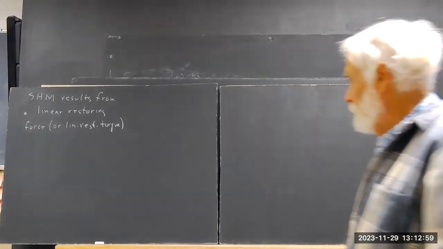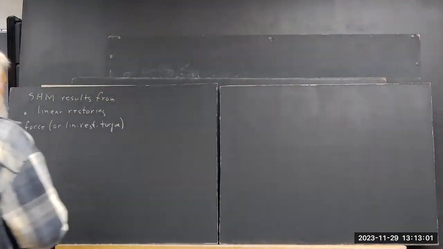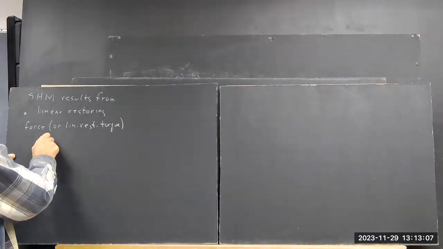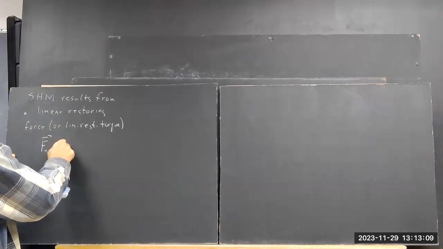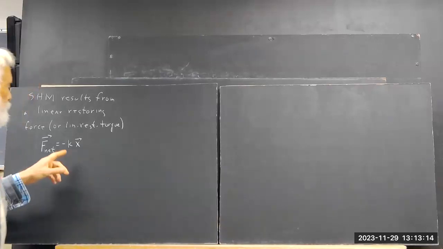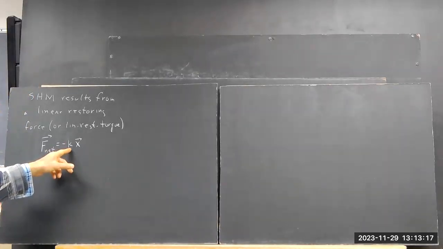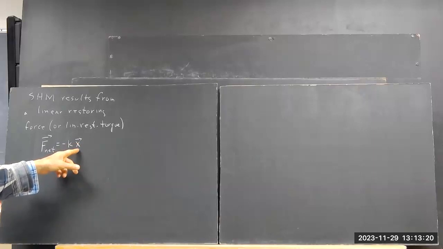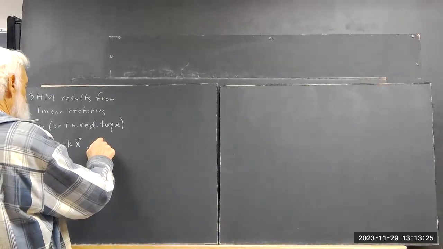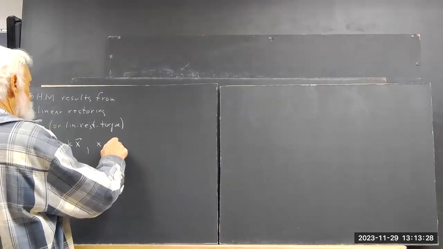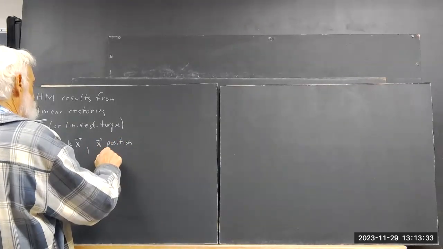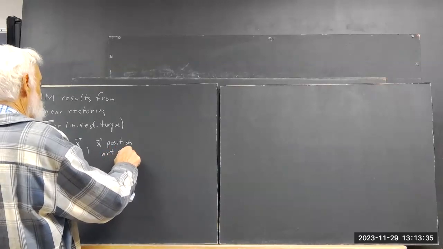Well, in all of these cases, the net force is a negative constant multiple of x, x being position with respect to equilibrium.